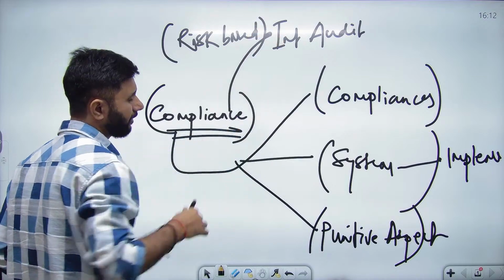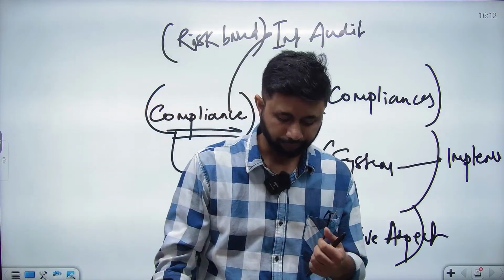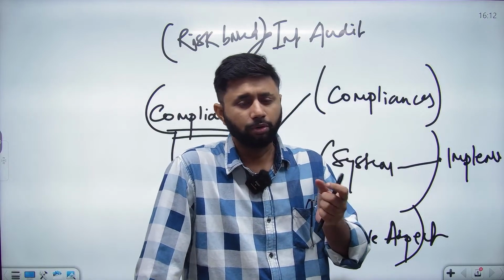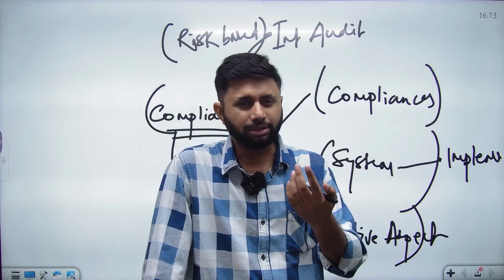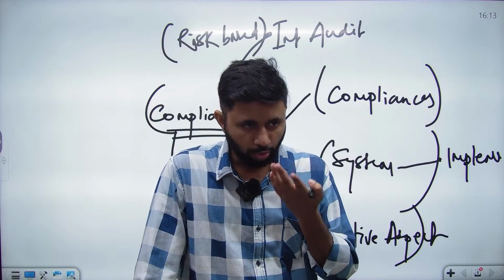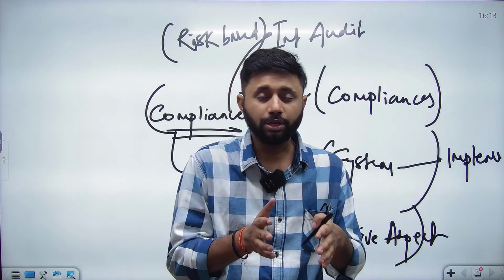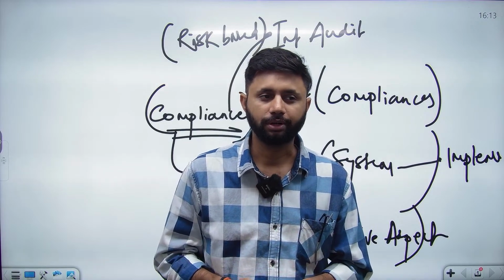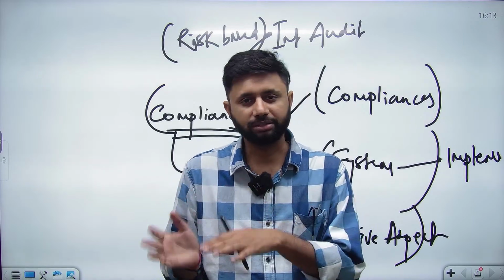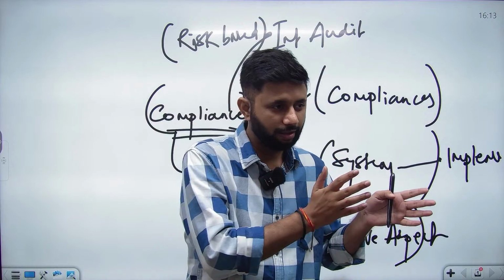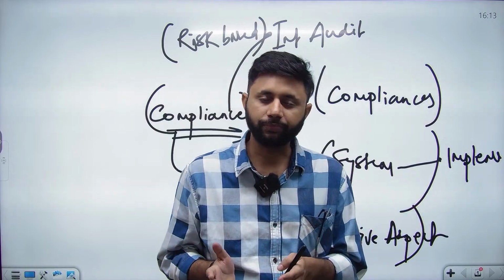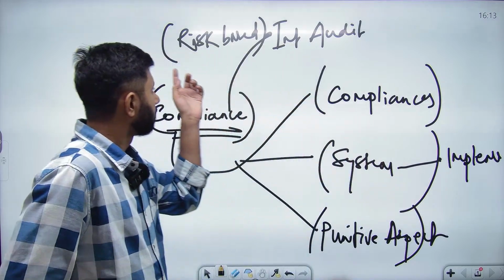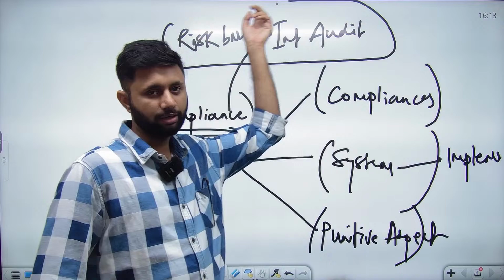We discussed in the previous class that risk-based internal audit is not related to just identification of what is risk. It is more related to focusing on the systems that are managing your risks. For example, risk identification and risk mitigation: whatever is being done within your organization, are they doing their work properly? That is the responsibility of whoever is doing risk-based internal audit.